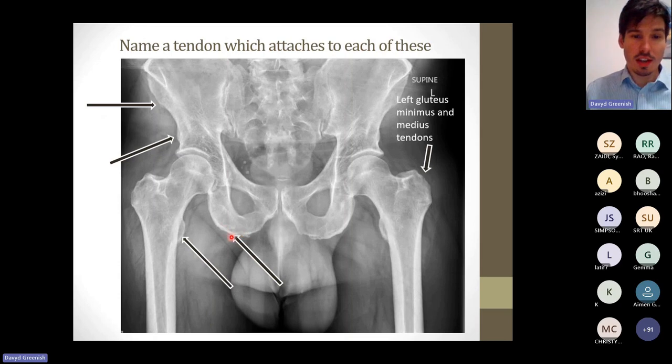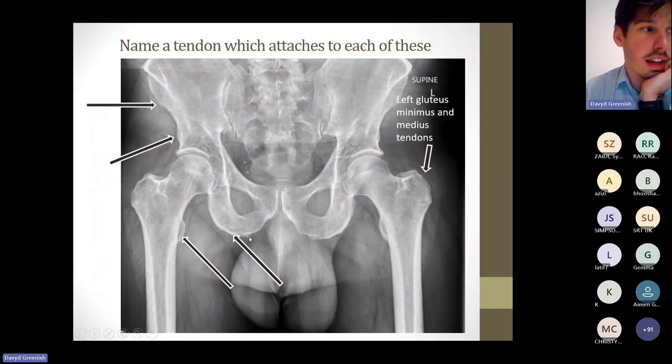This structure here, name a tendon that attaches here. So this is your right ischial tuberosity. You've got a number of things which you could say. The easiest ones are your hamstring tendons attached here.